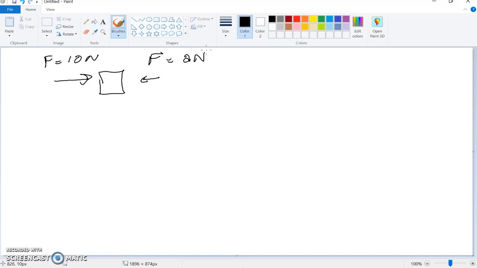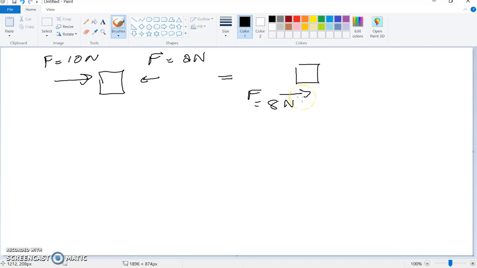And if you think about it, you get 10 going to the right and you have 2 going to the left. So in total, you would have basically 8 newtons of force going to the right. And so, as you can see, the number matters here, but so does the direction.